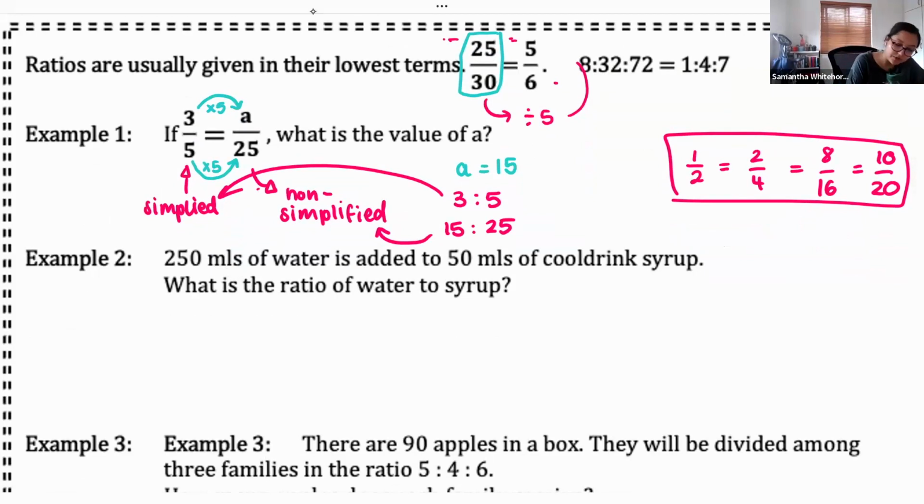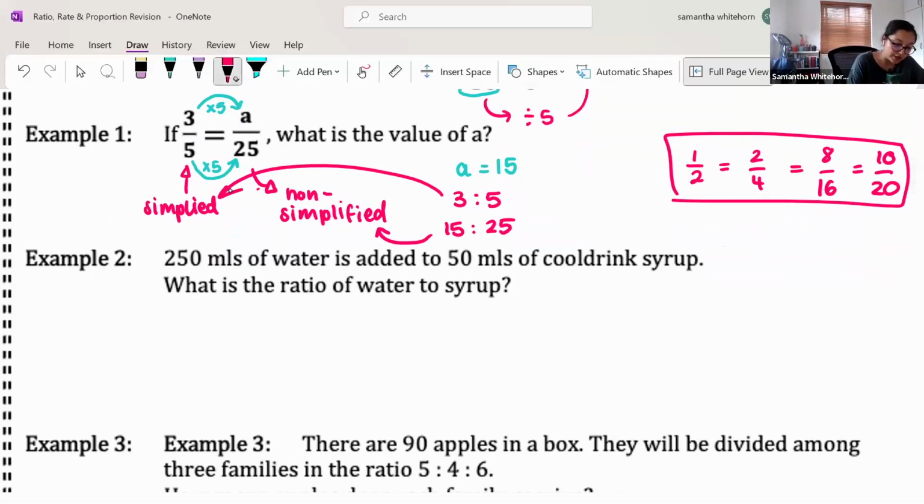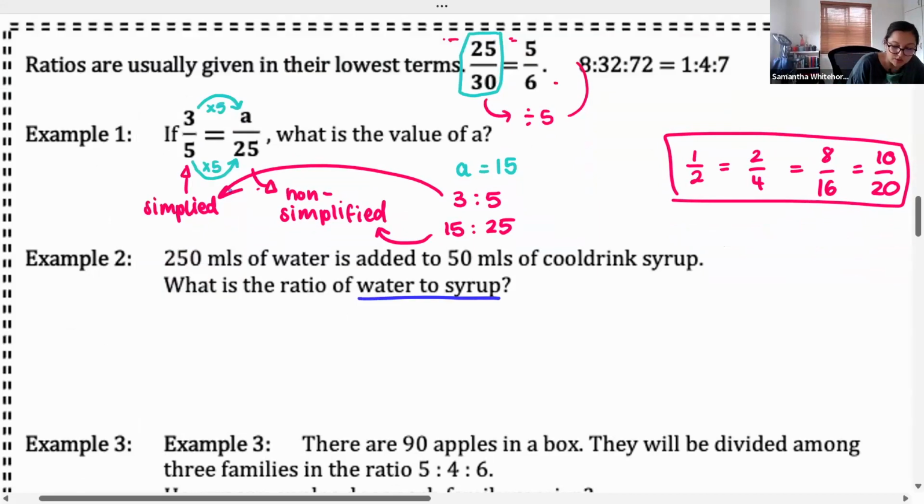Now, before we even get to the numbers, in a ratio question, we will give you the order in which we want the ratio to be written. So when you write these numbers down, you must have the water number first and then the syrup number. Order of a ratio is very important because the ratio tells you what you need to do.